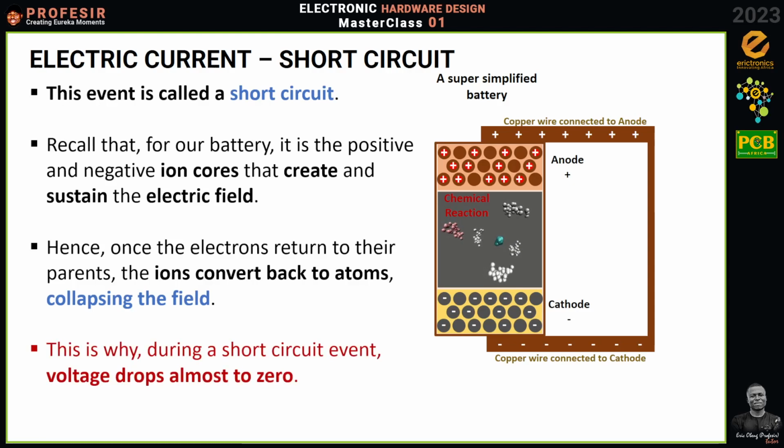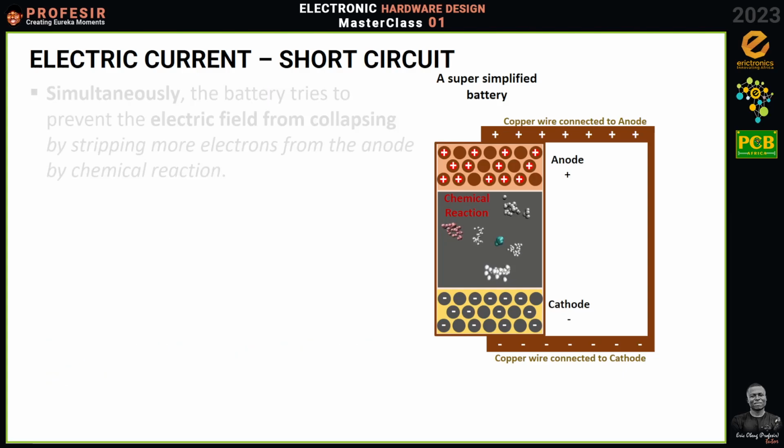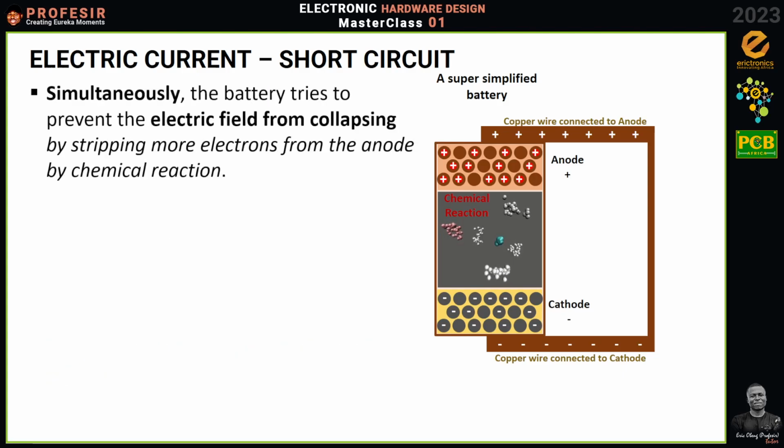So this is why short circuits always lead to a maximum drop in voltage to almost what? Zero. Okay. But if voltage has dropped to zero, and we know that we need voltage to drive current, why then does current still continue to flow even when there is a short circuit? All right, think about this. I'll answer you in a moment.